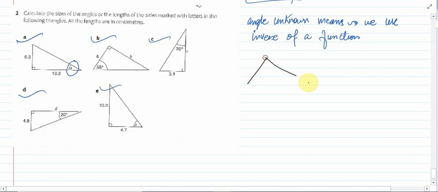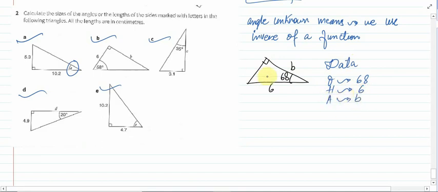So let's say it is your angle 68, B and 6. Write the data. Angle 68. Hypotenuse 6 and adjacent is B. Opposite is unknown, so leave the side opposite.